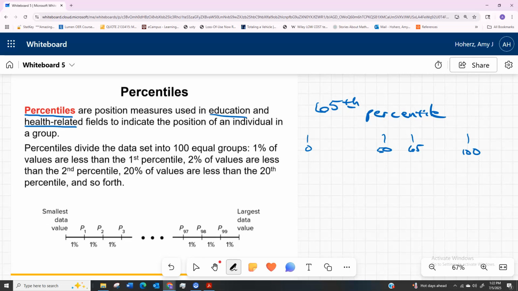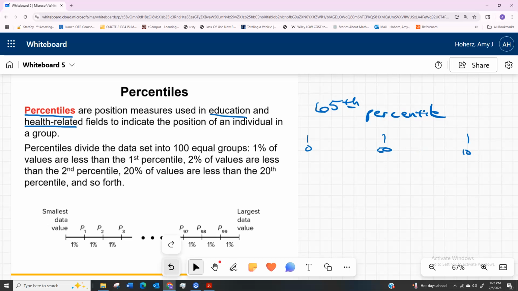So that means you're at the 65th percentile. So in an average sample of 100 students on this exam, which was given to thousands and thousands of students typically, you scored better than 65 of them. That's what the percentile means.